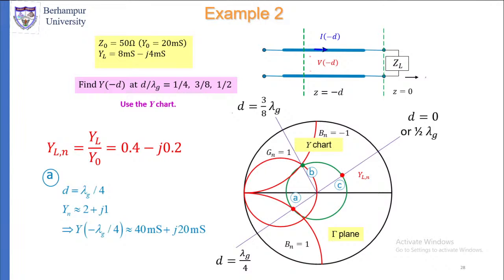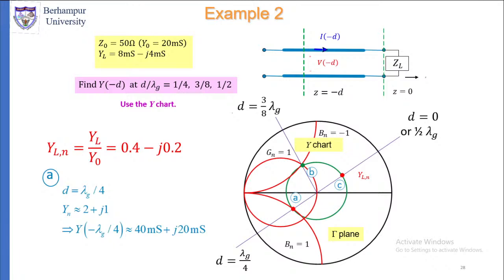Now what we have to do, repeat the same thing: find Y at D equal to lambda g by 4, at D equal to 3 by 8 lambda g, and at D equal to 1 by 2 lambda g. Since it is the admittance, we will use the admittance chart.